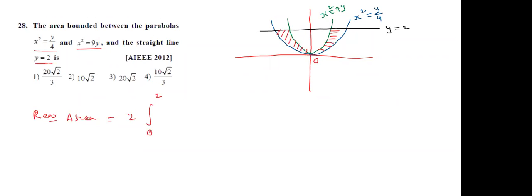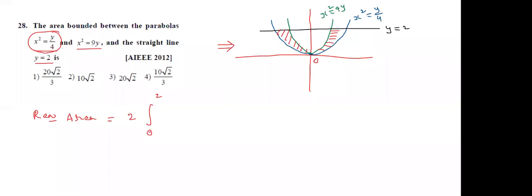So I am taking y values, and the function also I write in y only. See here, x square is equal to y by 4, that is the upper curve. Observe this direction, this is the upper curve. X square is equal to 9y is the lower curve. That's it.